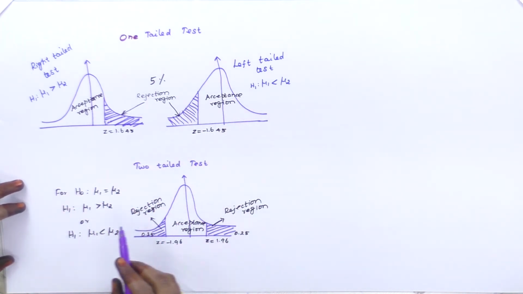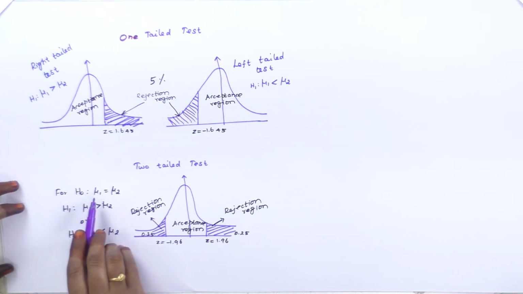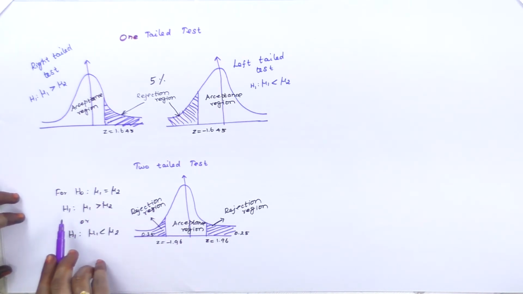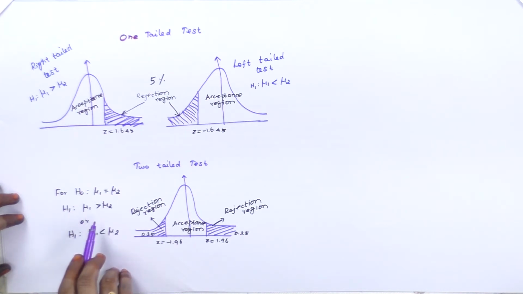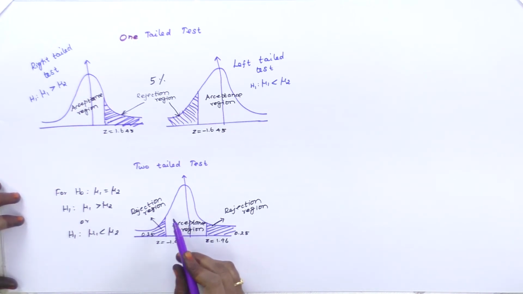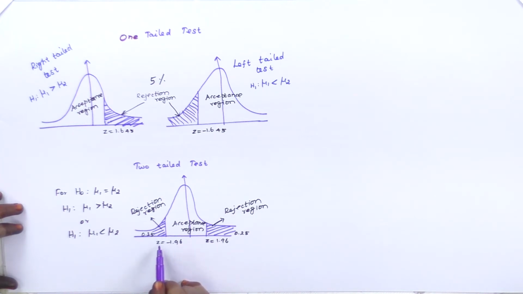In two-tail test, we formulate our null hypothesis as both are equal, and the alternative hypothesis as either mu1 greater than mu2 or mu1 less than mu2. Here at 5% level of significance, the standard value of z is minus 1.96, the shaded area on the left side, and at z equal to 1.96 in the positive side, shaded on the right side.